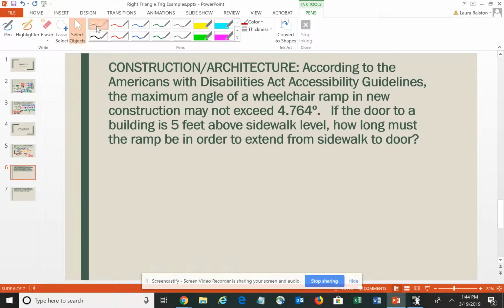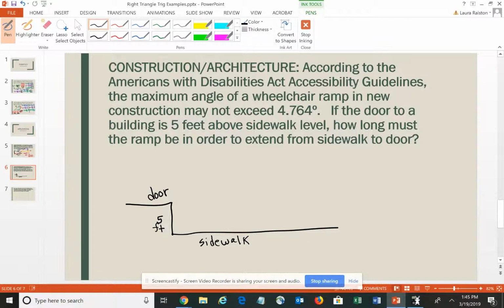Okay, so again, we've read the question. Now we want to think about drawing a picture. So you have the sidewalk, and it tells me that 5 feet above the sidewalk is a door. Okay, and there's 5 feet.